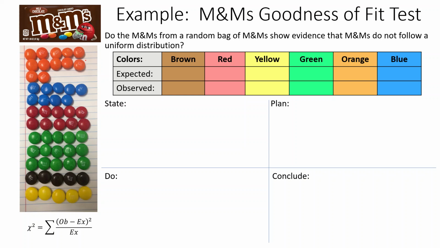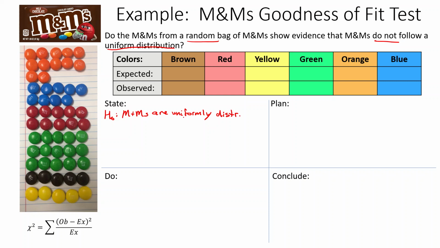All right, so here is our example. Do M&Ms from a random bag of M&Ms, every bag of M&Ms is random by the way, show evidence that M&Ms do not follow a uniform distribution? Our null hypothesis is that M&Ms are uniformly distributed.